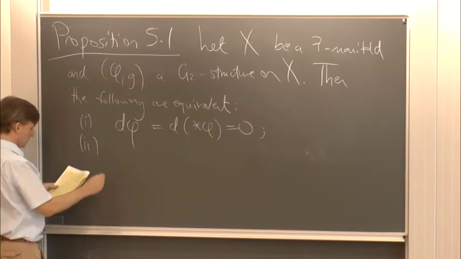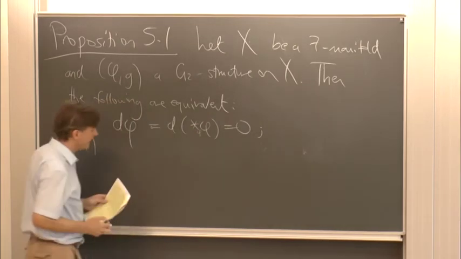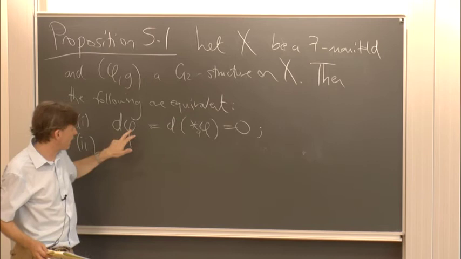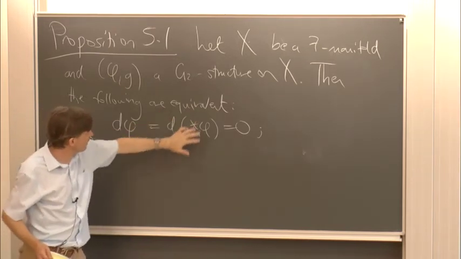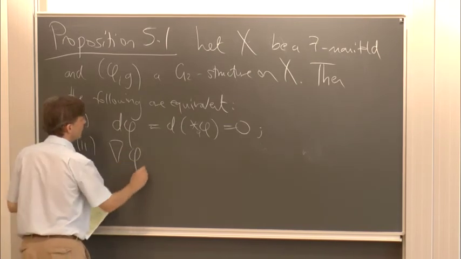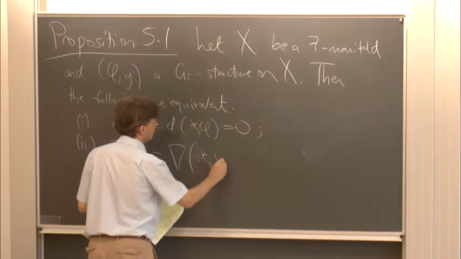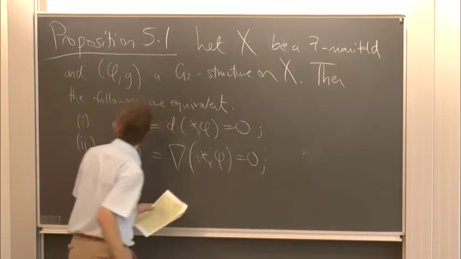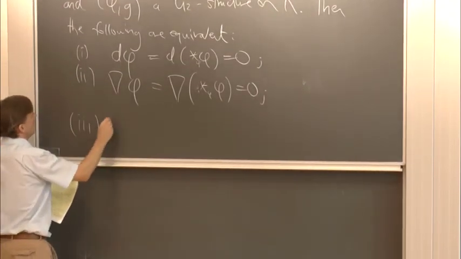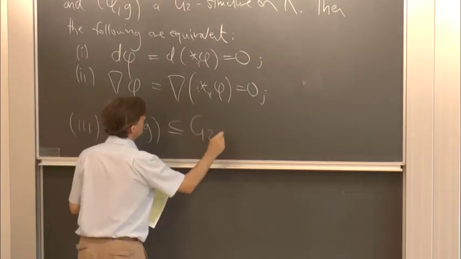Secondly, maybe we would like to write the star as star phi, because star is the Hodge star of G, and G depends upon phi. So you can think about this Hodge star operation as depending upon phi. Secondly, nabla of phi and nabla of star phi are 0. And thirdly, the holonomy group of G is a subgroup of G2.